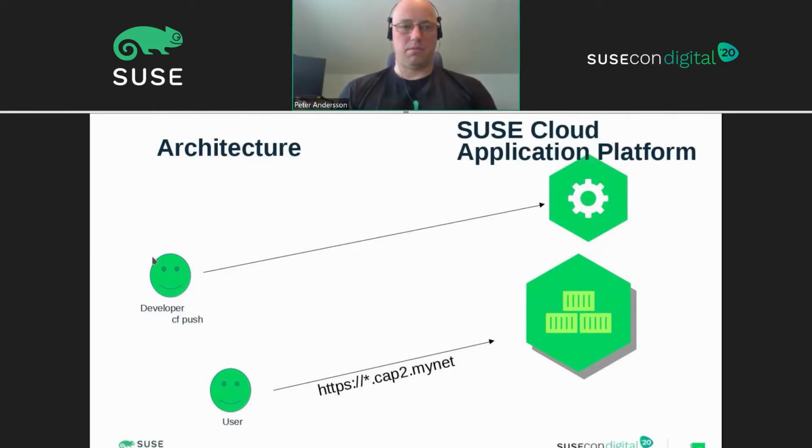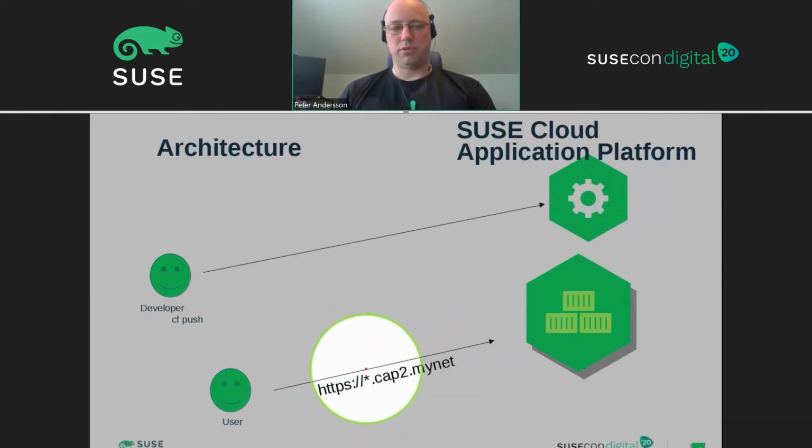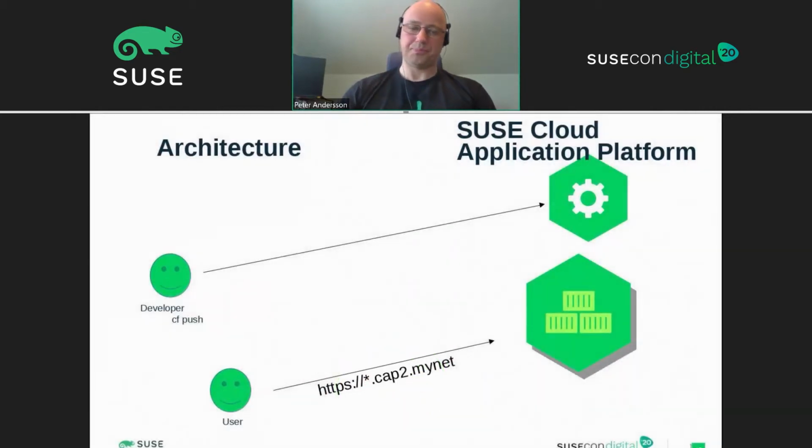So me here as a developer running cf push and pushing it to here, and then the user connects to the apps that I pushed. Notice that I'm using a star there, which is a wildcard domain. So I'm going to talk a little bit about how that is working.